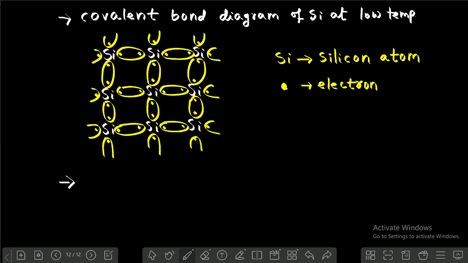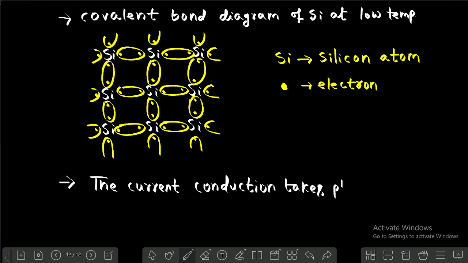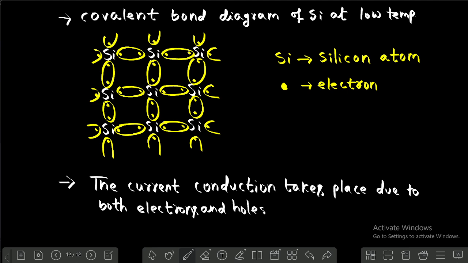So write: current conduction takes place due to both electrons and holes in pure semiconductor.